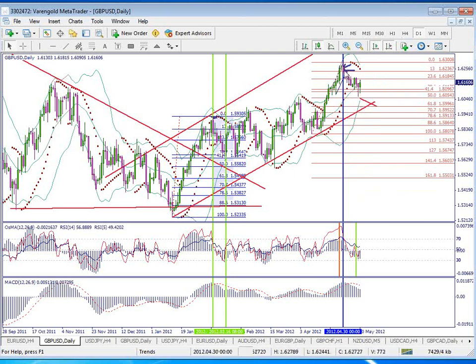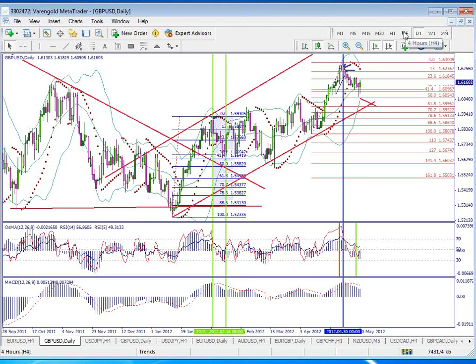Actually, this was the evolution of the pair in the last few days. And now it's just at the middle line of Bollinger Band. Probably tomorrow we will see again one try to touch 50 or 61.8 level.